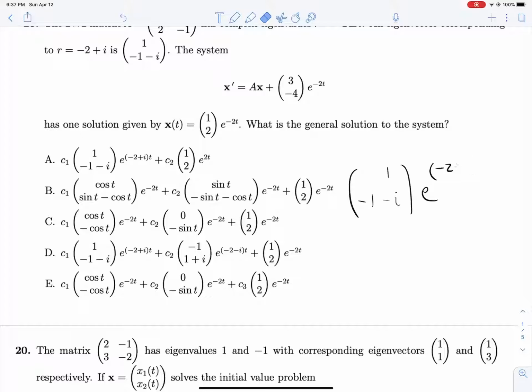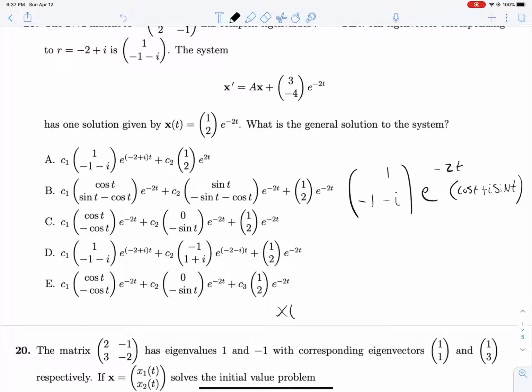We will have -2t and e to the it, like that. This e to the it will turn into cosine t plus i sine t, and we're ready to write out our characteristic solution.